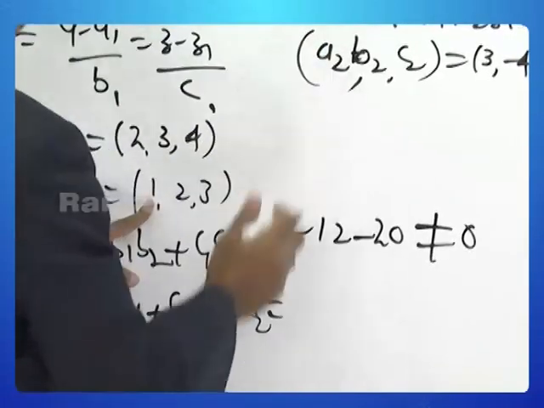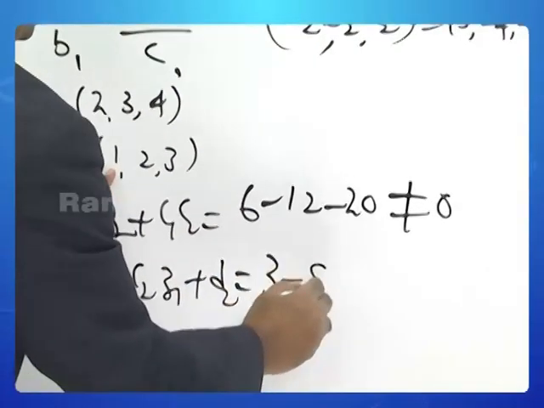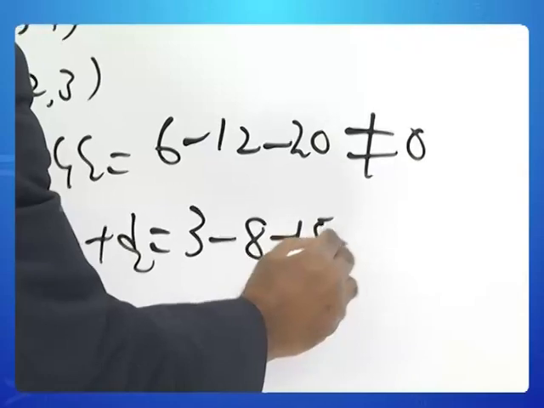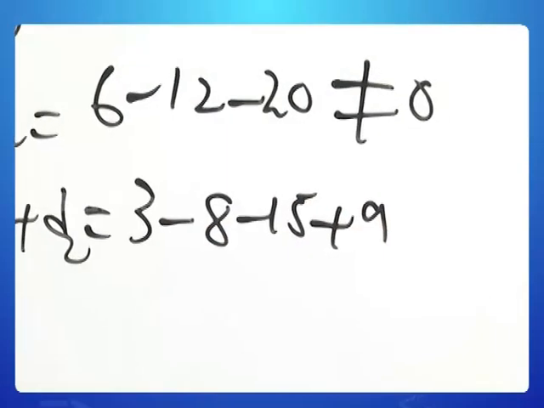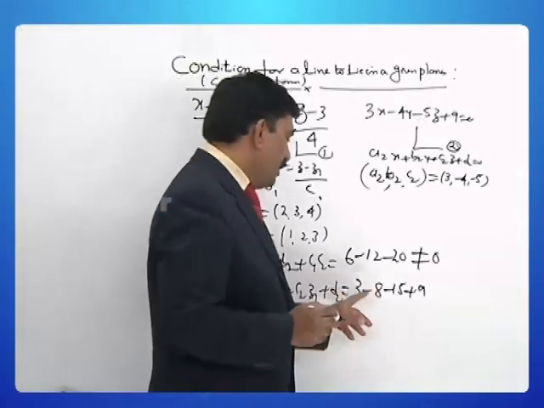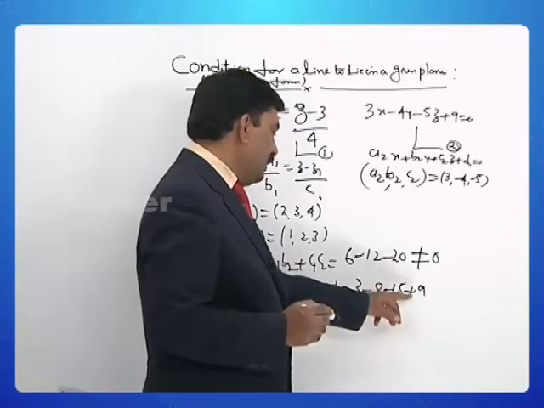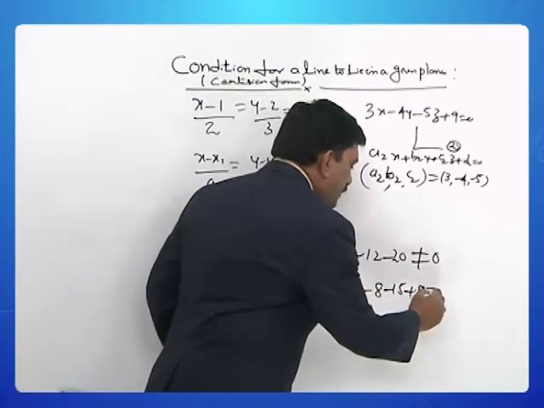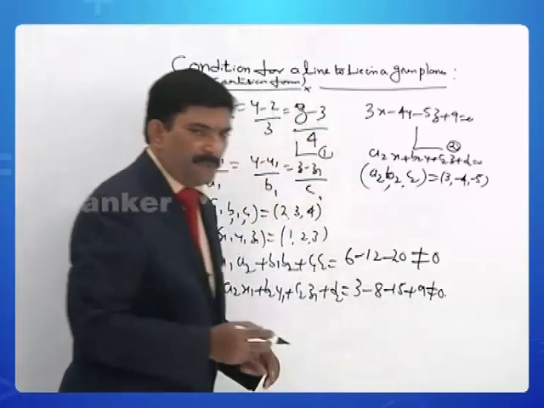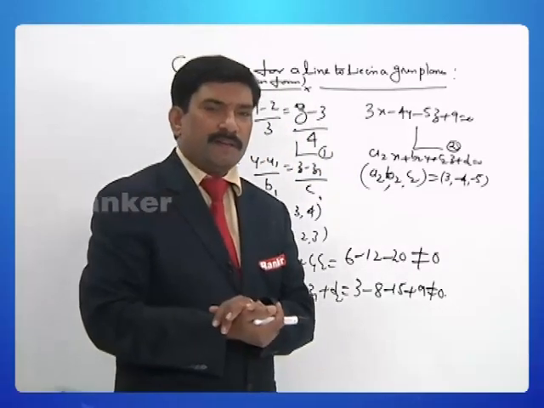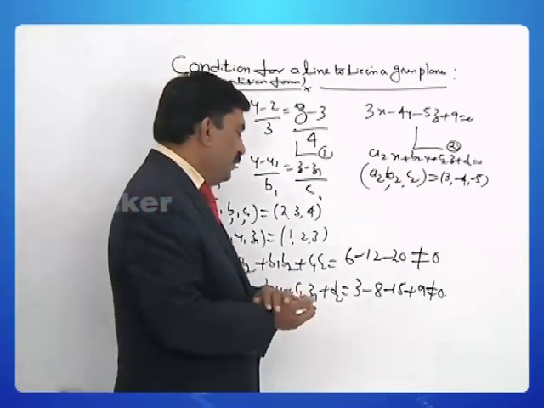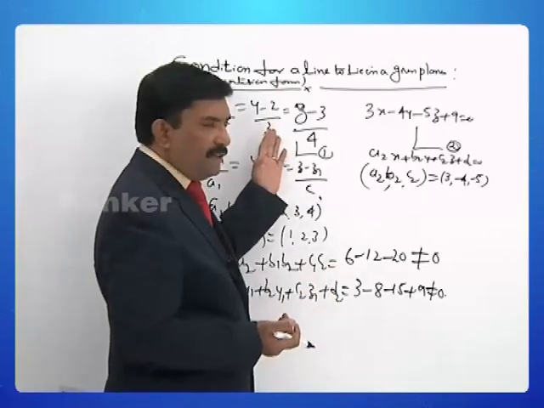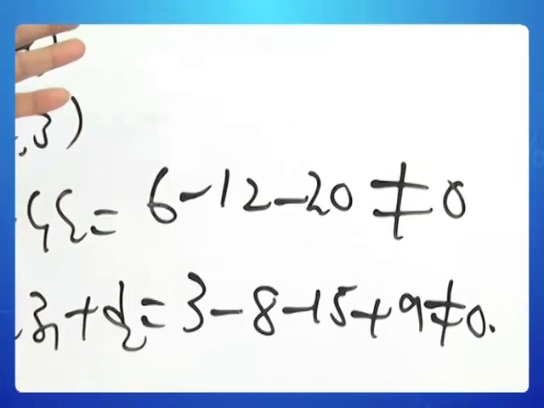This becomes 3 minus 8 minus 15 plus 9, which is minus 11, not equal to 0. So what I can write is, this line does not lie in the plane.